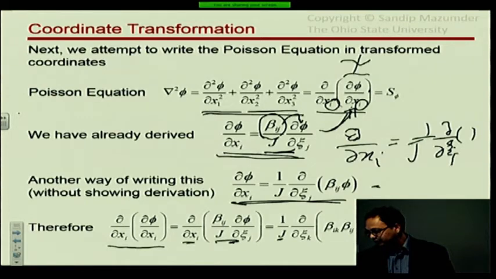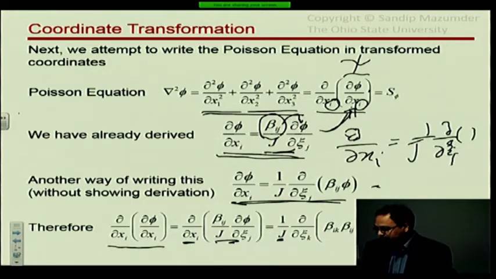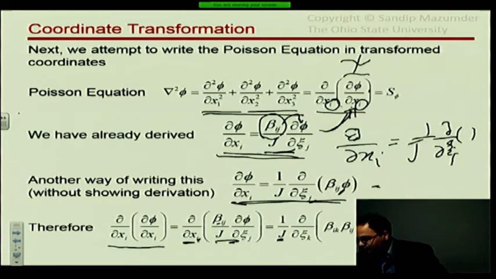So now we are going to transform that part. I have a 1 over j, and you have to be a little careful here, because there are two tensor summations going on here. One for the first derivative, which is this repeated index j, and then there is also a repeated index when we get to the second derivative. Notice that here I have an I, and here I also have an I. Okay, so you have to be careful there, because what essentially happens is this becomes now a summation also.